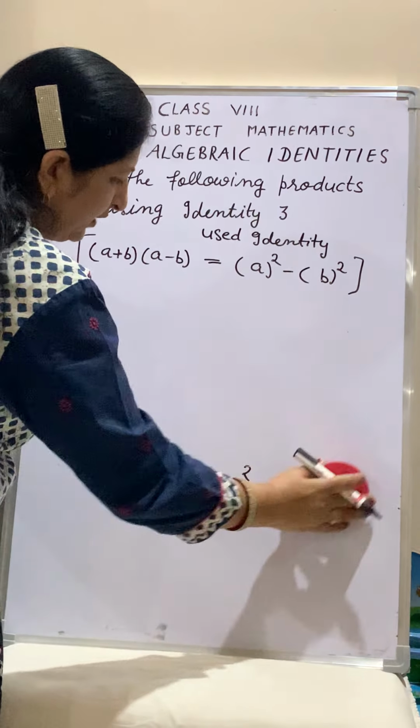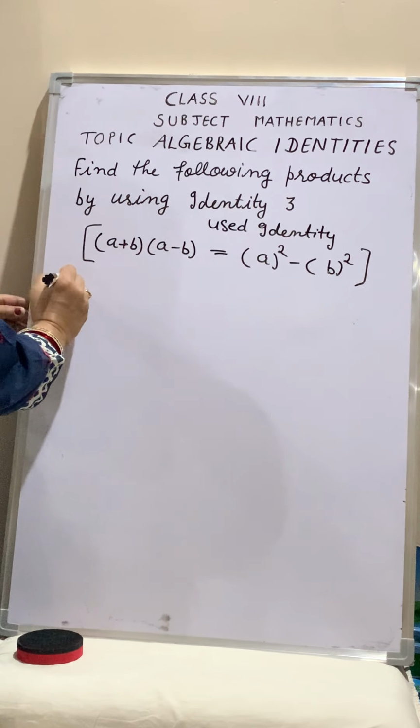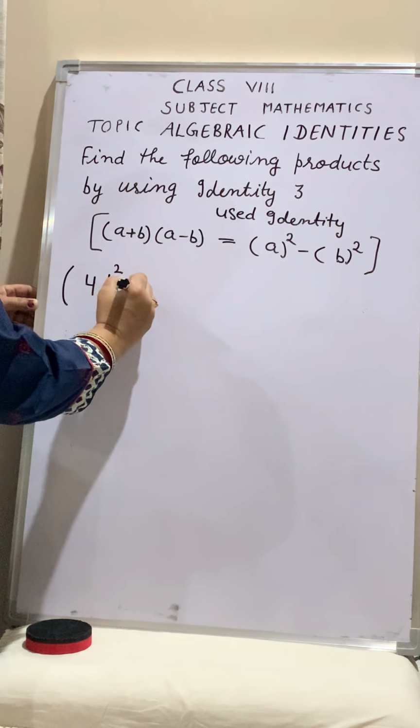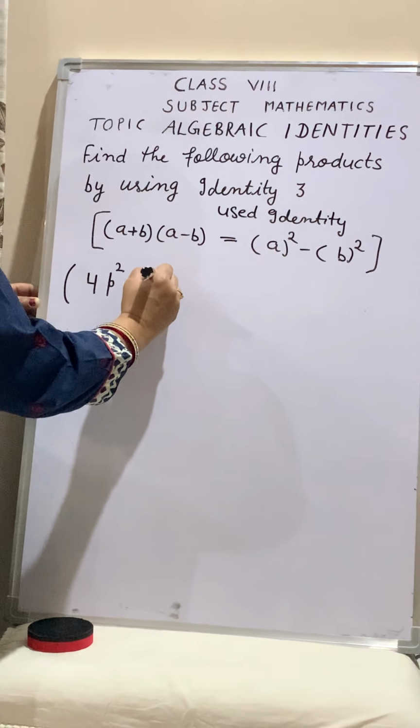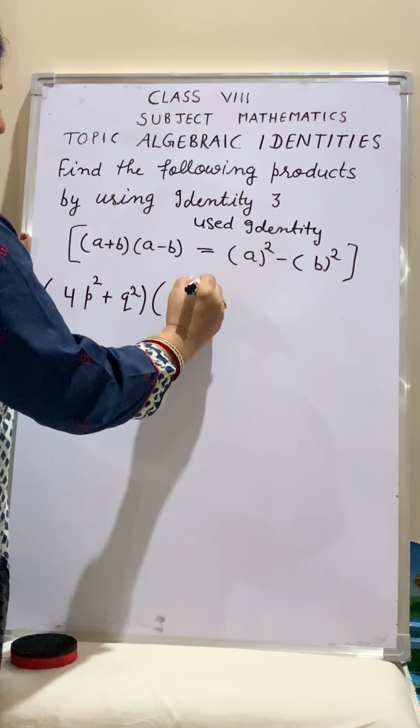if we have to find out the product of 4p square plus q square and 4p square minus q square.